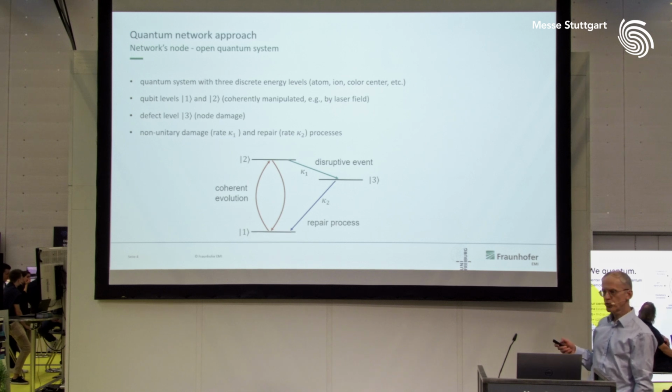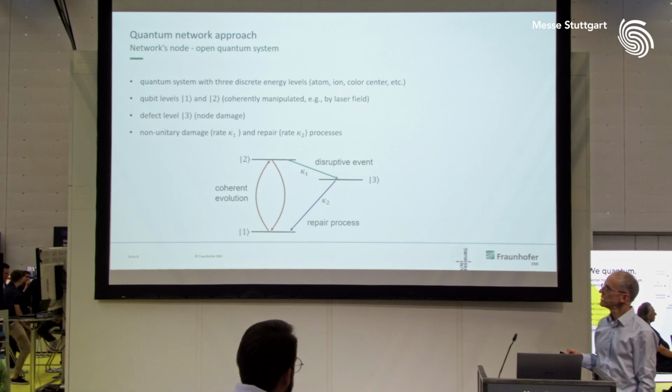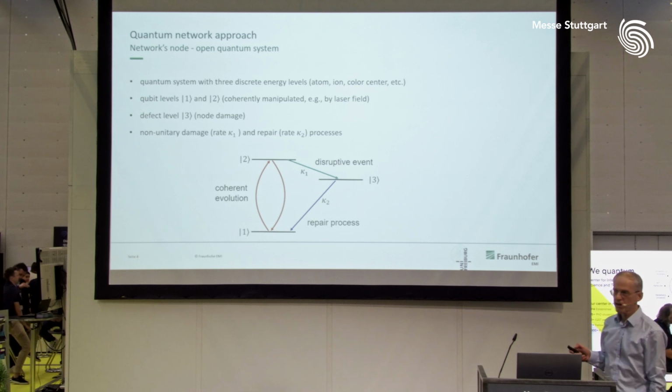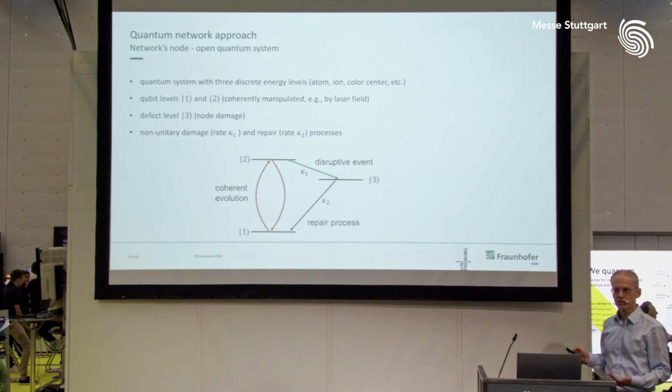Levels 1 and 2 are standard qubit levels that can be coherently manipulated, for example, by laser pulses. And in addition, each node contains a so-called defect level 3, which serves to emulate node disruption.